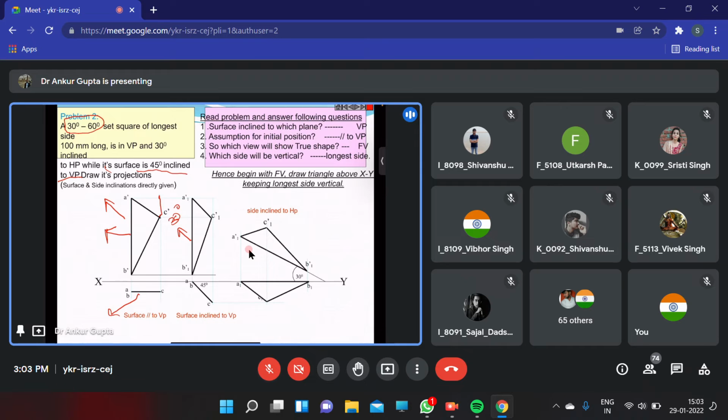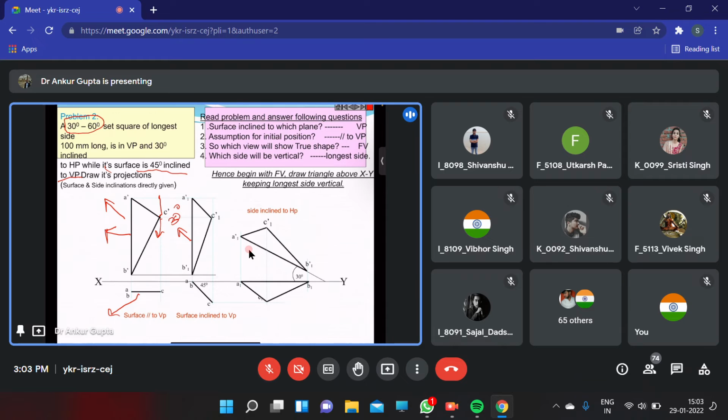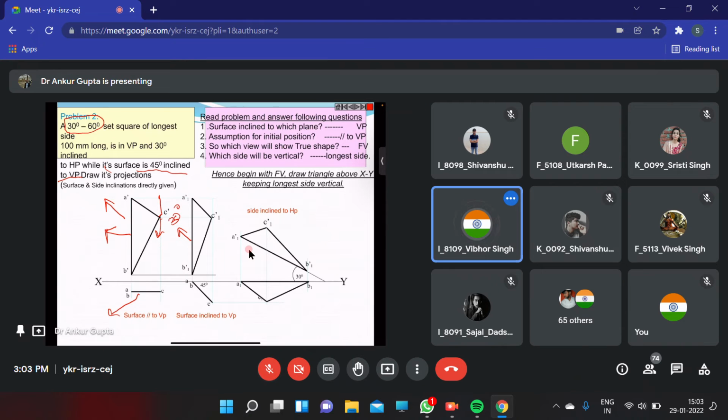Now, if I am drawing this shape, I am moving this up and down. Are you getting it in 3D? Just assume it. Longest side, keep it on your table and move the third corner up and down. You are doing that only. Am I making some sense? समझ आ रहा है कुछ?